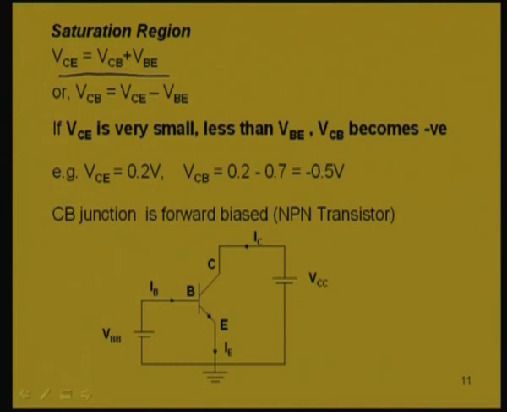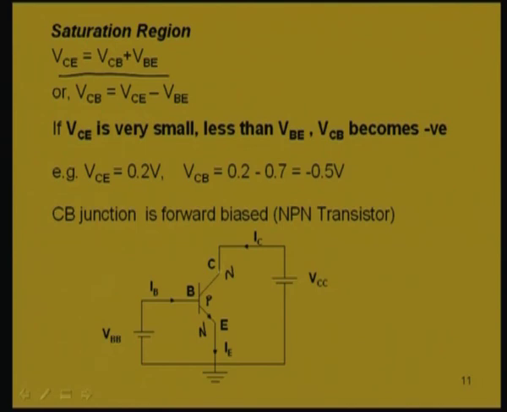So, what will happen when we have a voltage minus 0.5? That is equivalent to forward biasing the output circuit, because now you see that is an NPN transistor we are considering. Now, we are having a voltage collector to base which is negative, means collector to base region is forward biased.